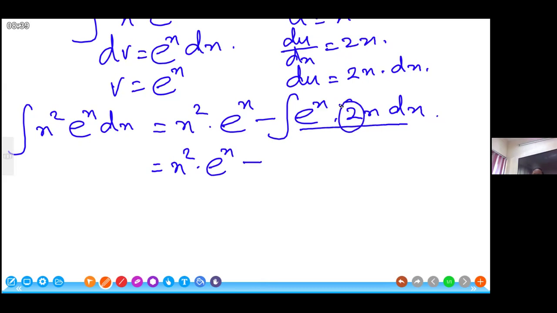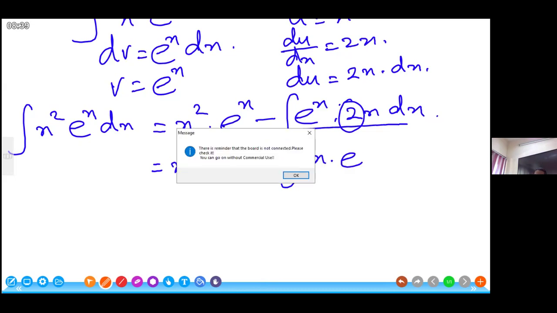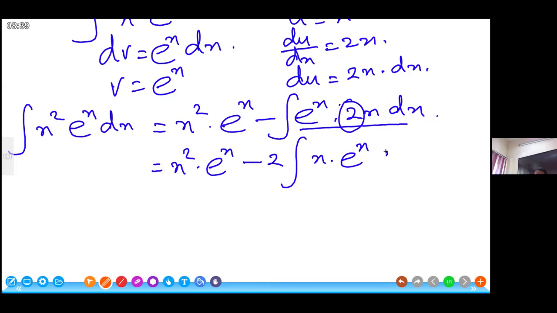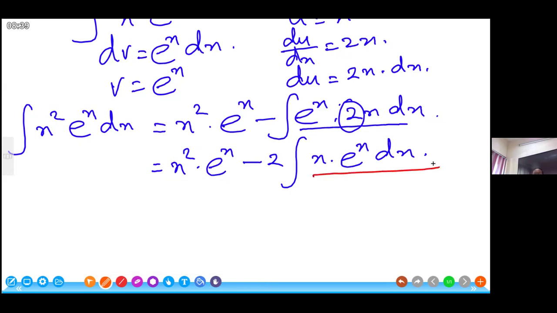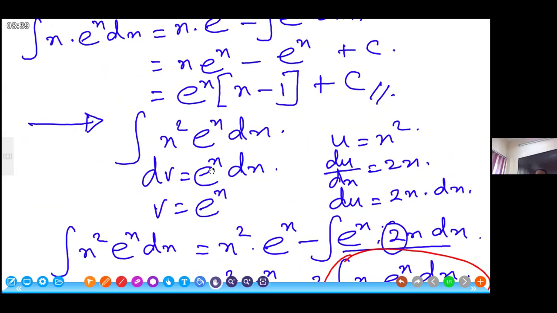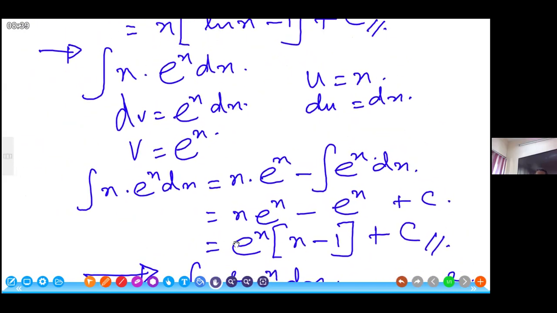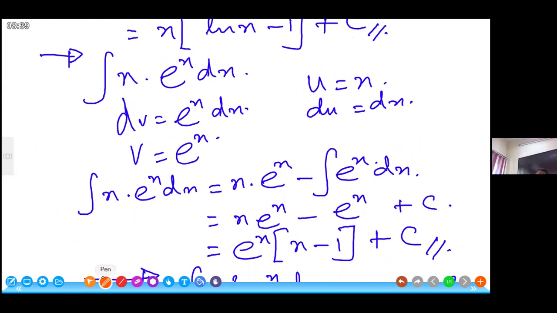So this is a constant. Take the constant out of the integral sign. Now x into e to the power x dx. Now we'll have to integrate this component. That's all. Then we will combine. So have you seen integration of this ever before? That is the same as this.